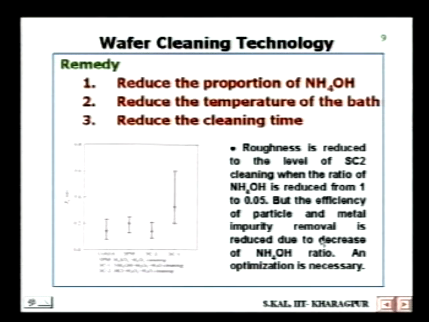But if you reduce the NH4OH even further, from 1 part to 0.05 part, then the efficiency of particle and metal impurity removal is reduced due to the decrease of the NH4OH ratio.